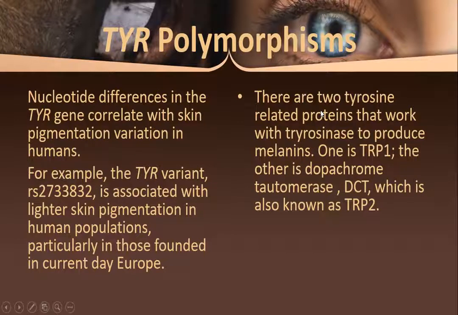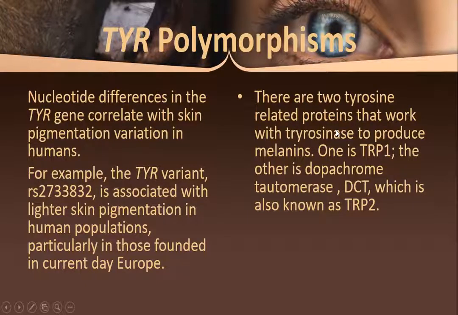Then there are two tyrosinase related proteins, TRP1 and TRP2. TRP1 is one, and the other is dopachrome. Sometimes you will observe the word dopachrome tautomerase, DCT, we can say DCT as well. In other words, you can say TRP2. So there are two tyrosinase related proteins.